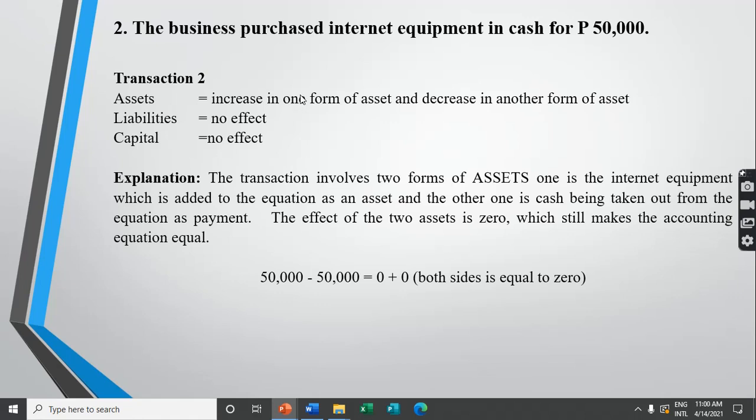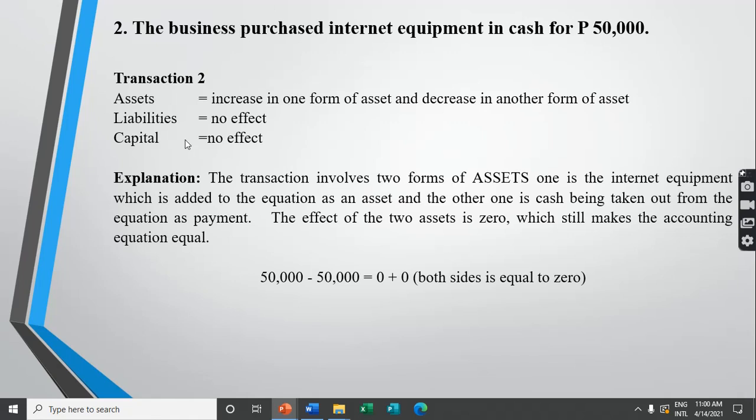So, yung investment mo na 200,000, nabawasan na ng 50,000. Tama? Kasi nagbayad ka ng internet equipment. Binayaran mo siya ng cash. Tama? Okay. Now, sa liabilities walang effect kasi hindi mo naman siya inutang yung pinurchase mo na internet equipment, tama?